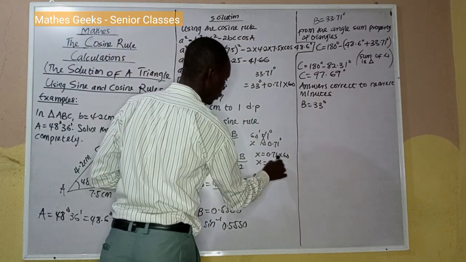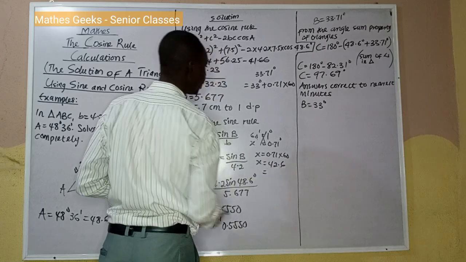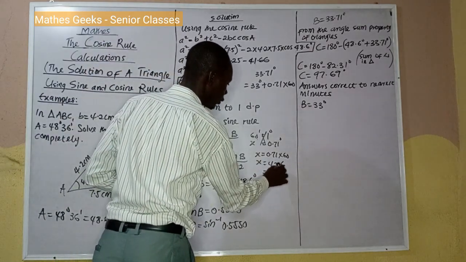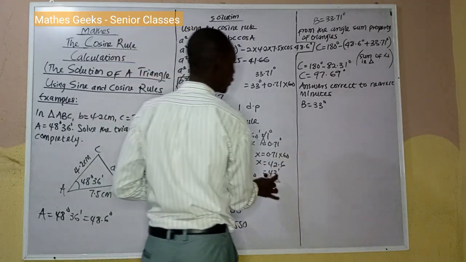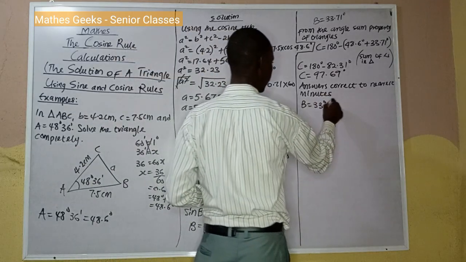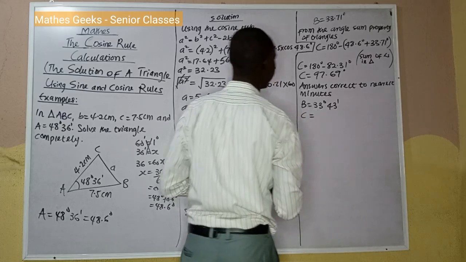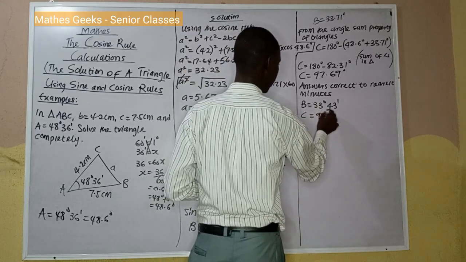That gives 42.6. Since we need to approximate to the nearest minute, this will give us 43 minutes. So this will give us 33 degrees, 43 minutes. And then C is equal to 97 degrees.